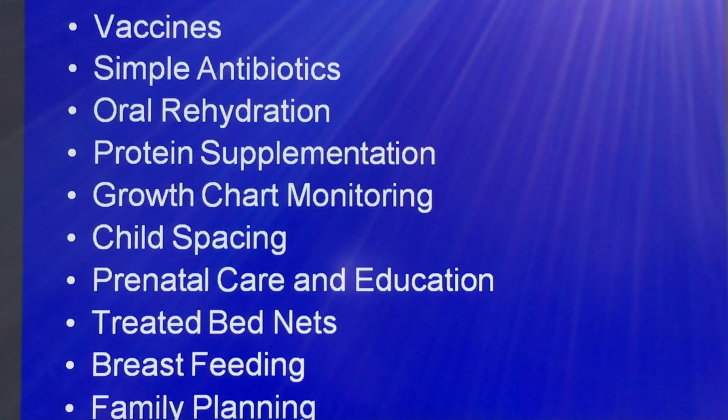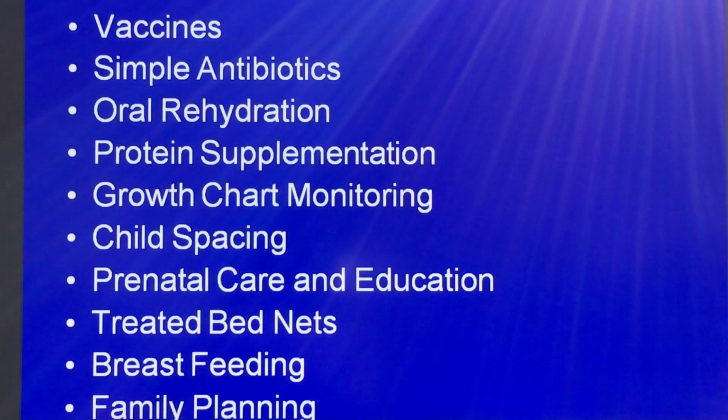And things like breastfeeding, which is down below, vitamin A supplementation later on as the child gets older, and treated bed nets if the child lives in an area of significant risk for malaria. That's extremely important. Those are going to be the child survival technologies. They're the drivers of the good numbers.